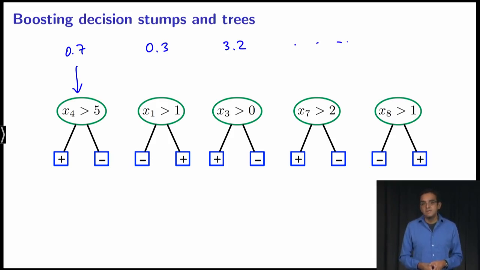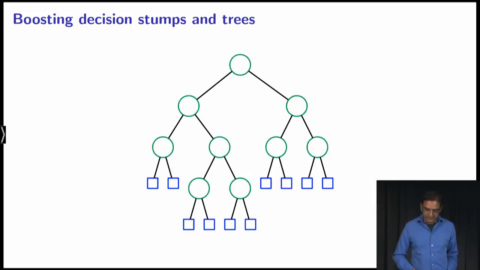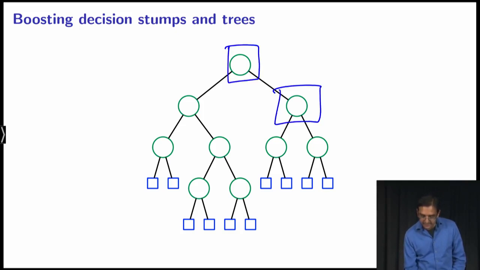Now, in experiments, boosted decision stumps often get compared to decision trees. Okay? In fact, this is a fairly natural comparison because decision trees are also made up of decision stumps. It's just that in the decision tree, these stumps are combined in a different way. They're organized hierarchically.